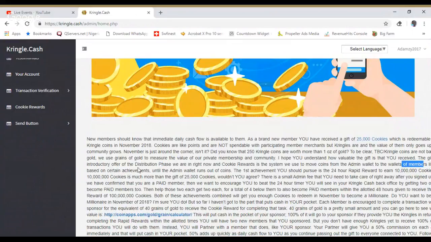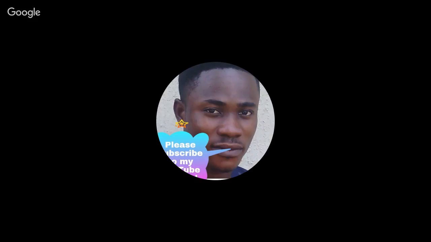We are in the distribution phase right now, and the cookies reward is the system we use to move coins from the admin wallet to the wallet of the members based on certain achievements, until the admin wallet runs out of coins. The first achievement you should pursue is the 24 hours rapid reward.